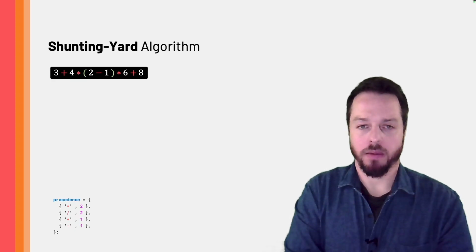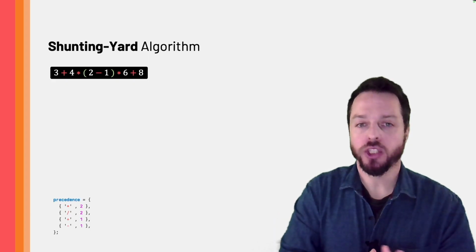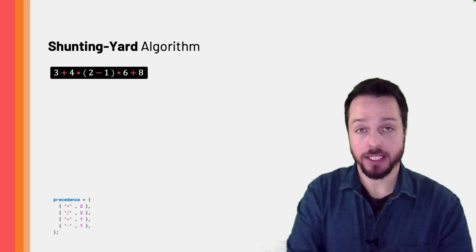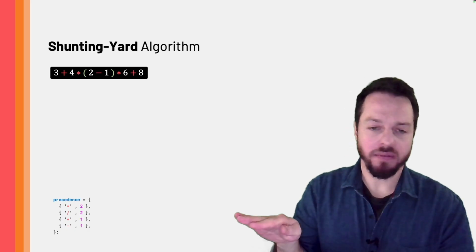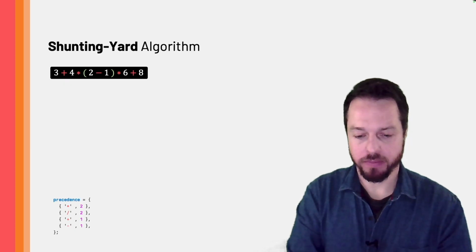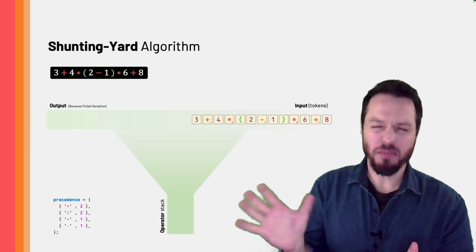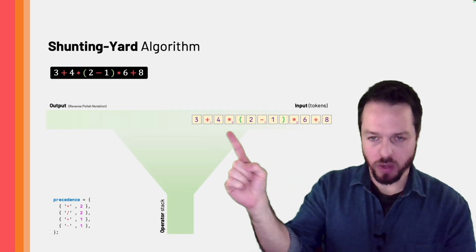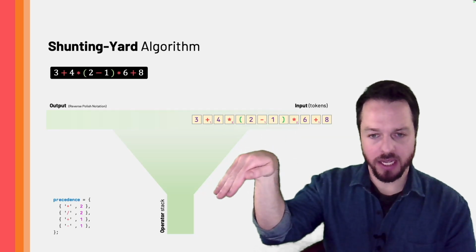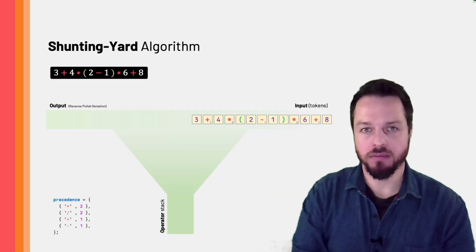All right, so here we are. 3 plus 4 times, and then we have now open parenthesis 2 minus 1 times 6 plus 8. So we have to think about parentheses, right? We still have the same precedence order, right? That table of precedence doesn't change. And in our algorithm, we just have to decide now, right? Now that we have the same configuration, we have the input token by token, we're going to have to decide what goes to the output and what goes to the operator stack, and when those things actually get ordered to go to the output in the end, right?